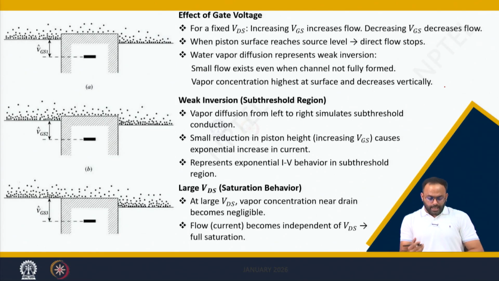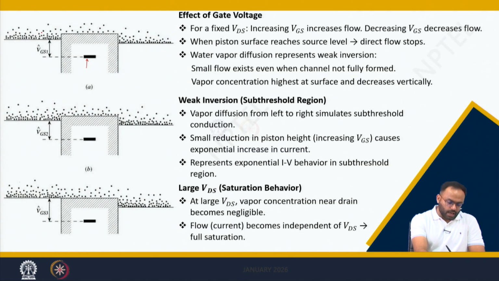We can further analyze the effect of gate voltage in the different regions of operation. For example, you apply VGS very low, in the sense the piston is closed. If the piston is closed, you can still assume there are water vapors present in the source tank. Similarly, there are water vapors in the drain tank.